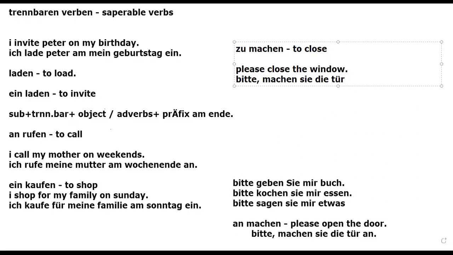Sie die Tür. Fenster. Okay, window, Fenster. And is it completed? Zu. Okay. Bitte machen Sie die Fenster zu. Okay. Das Fenster basically. Fenster is neutral. So bitte machen Sie das Fenster zu. Please close the window. Okay.